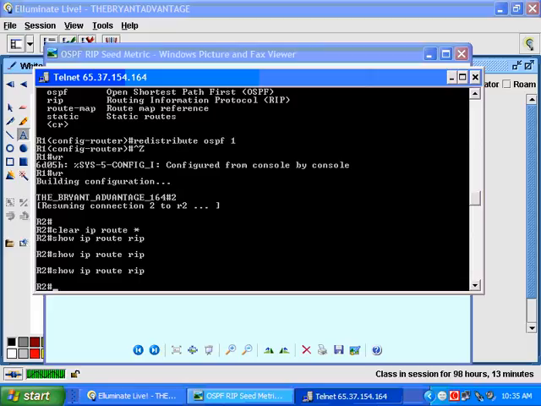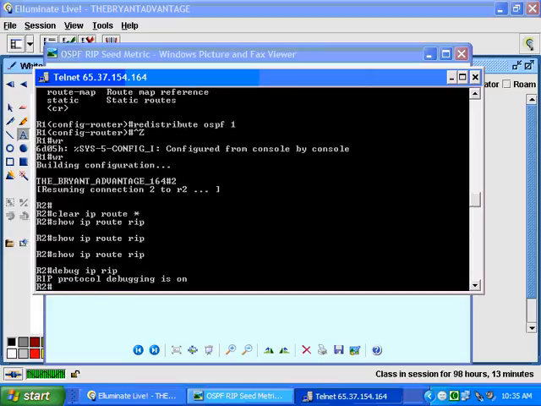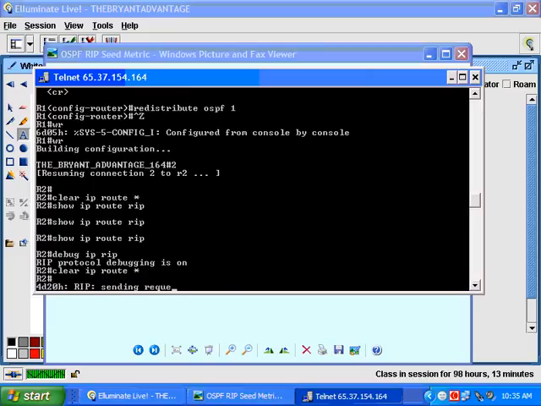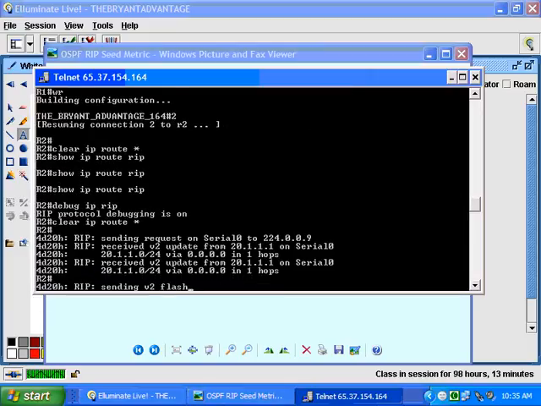So what we always do in this kind of situation, if we're not seeing a route that we expect to see, we start running debugs because we know how things work and we want to see what's going on with the updates that are coming in from router 1. And the RIP debug is very simple. Debug IP RIP, and we're going to clear the routing table again so we can hurry up and see what's going on here.